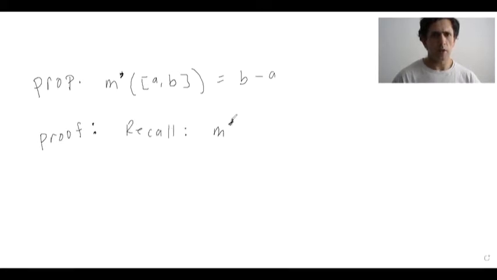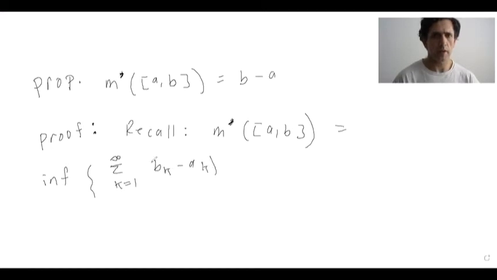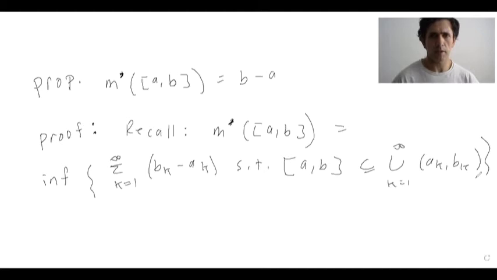Remember, this is the infimum of all possible sums of lengths b_k minus a_k, where a to b is a subset of the union here. So these intervals cover a to b.